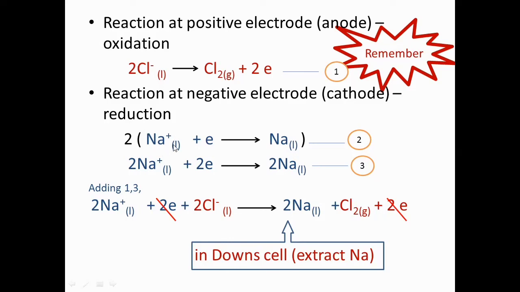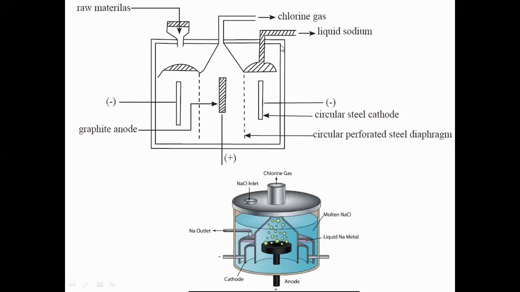The positive ion is a sodium ion which receives the electron and becomes a sodium atom. So we can extract the sodium in the Downs cell. This is the picture of the Downs cell. We will discuss it deeply in later videos.